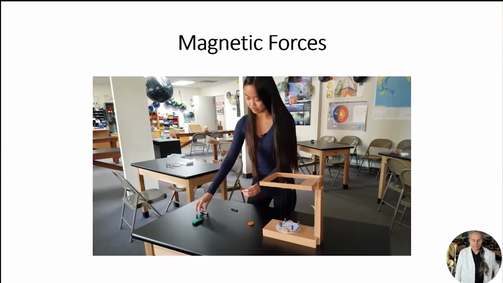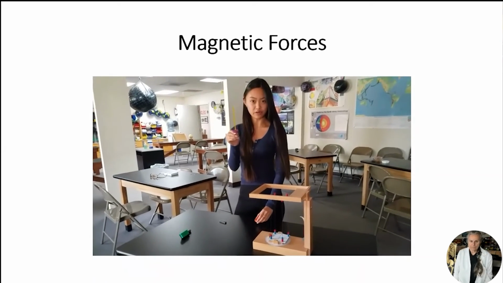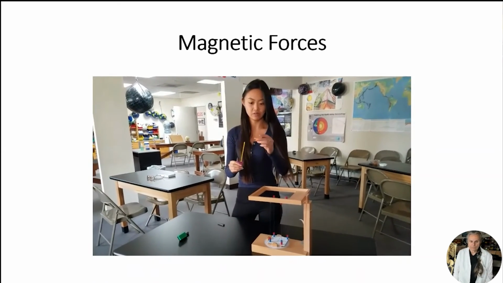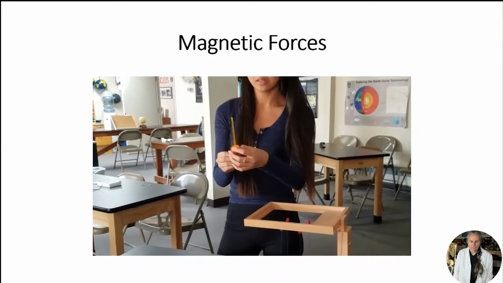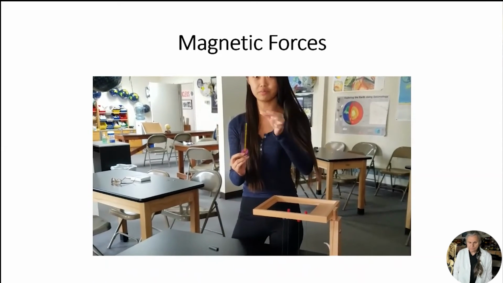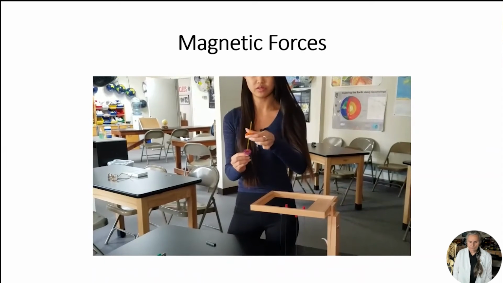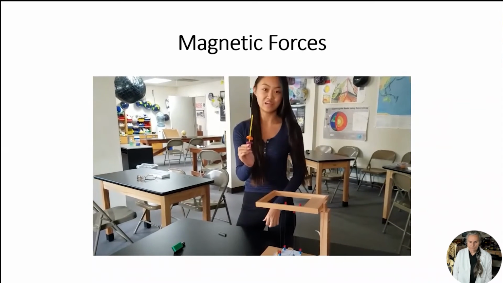And here we have some other ones. This purple ring right here is a magnet, and when we take this orange one, they attract. So these two faces are opposites, but if we flip the orange ring over, they repel. It doesn't want to stick because now they're the same poles.